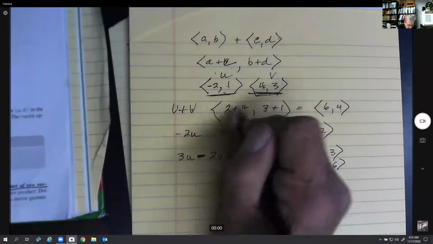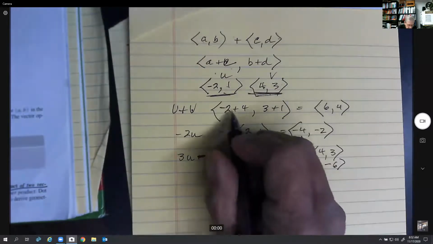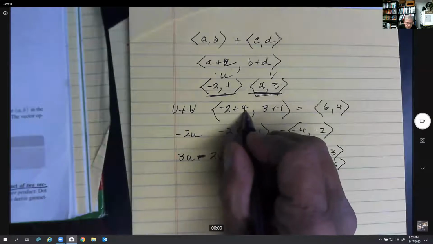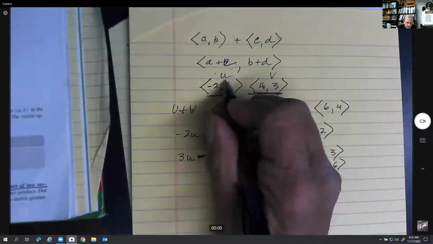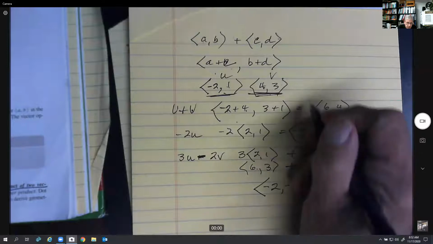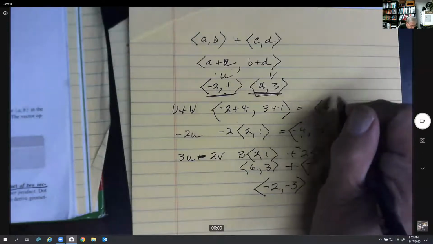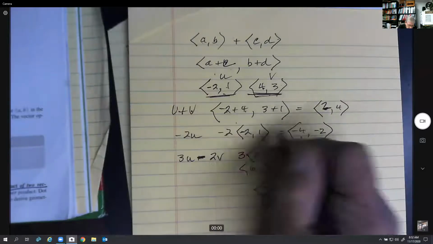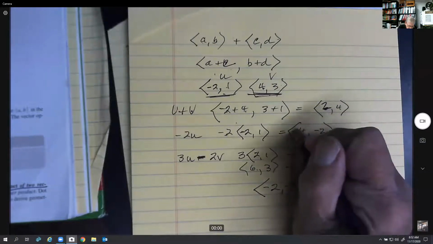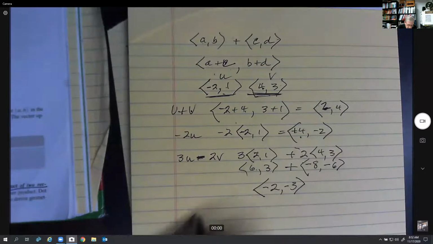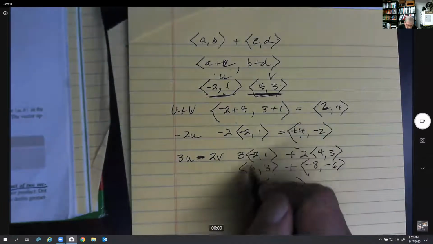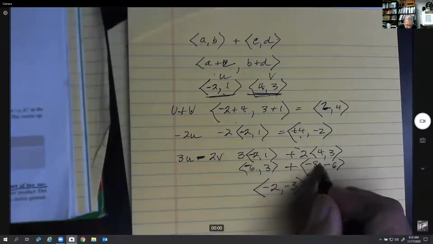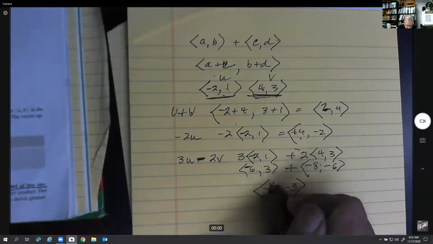This should have been negative 2 plus 4, which would be 2. So this should have been 2, 4. And this was a negative 2, which gave me a positive 4. And so now I have a negative 3 times a negative 2 would be a negative 6, negative 8, negative 14. I just copied the problem wrong.